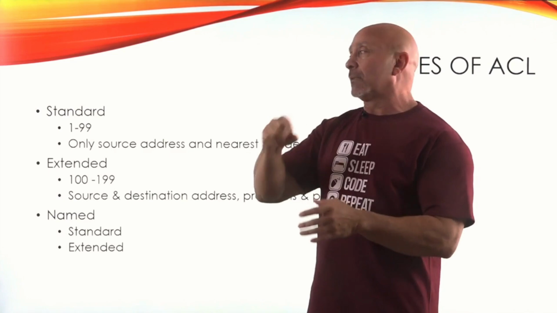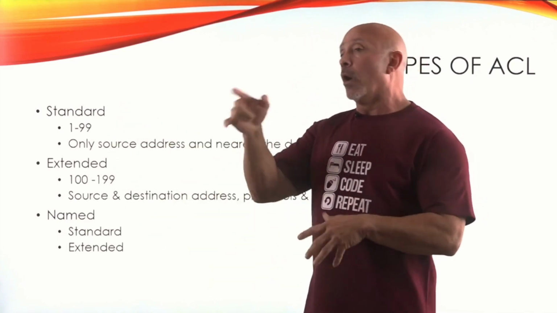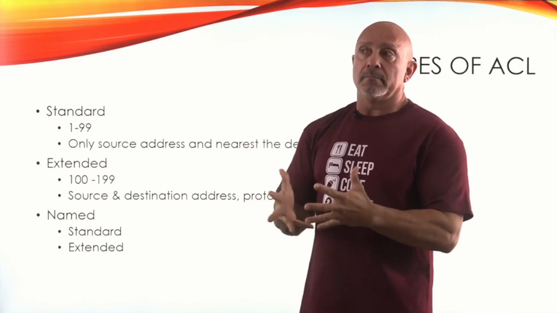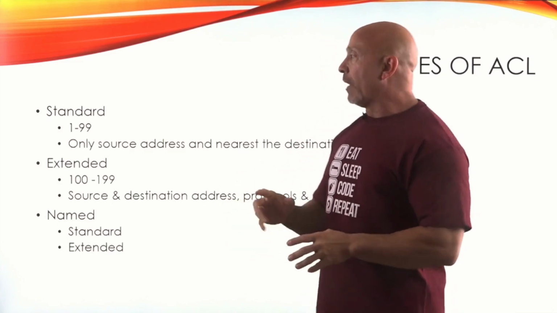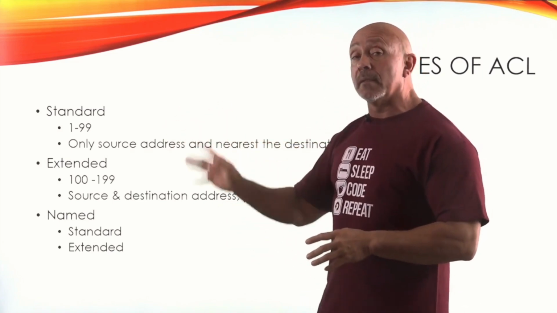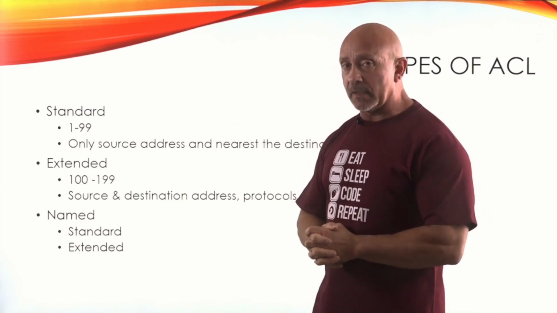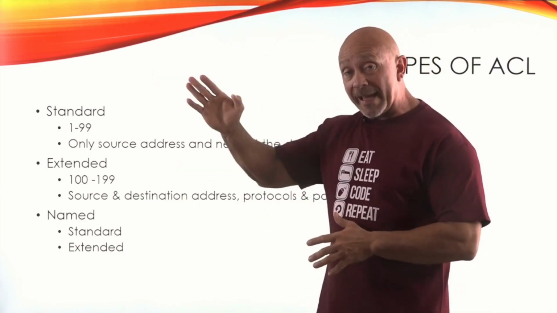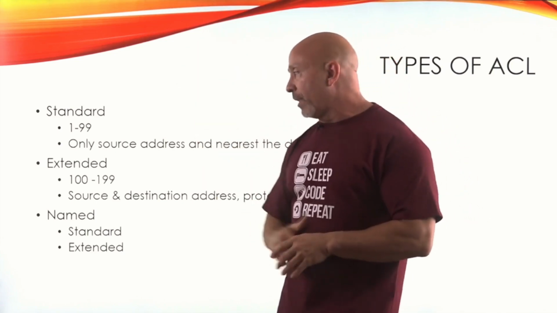You will be access list 1, deny host 1.1.1.1. Okay, you're denying that host, but you're not telling me anything else. So that's why you got to put it nearest the destination. So if it's 3 routers away, 5 routers away, whatever it is, you got to put it way over there. You create it and you apply it over there.